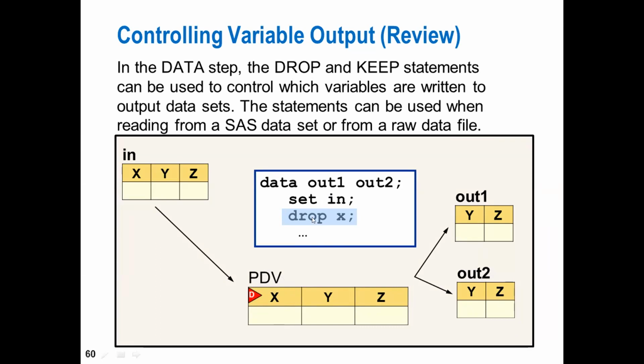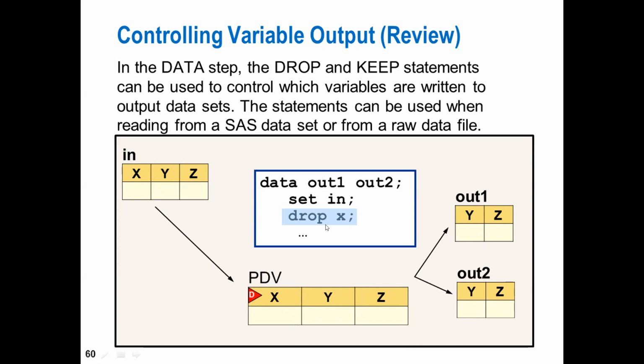Why? Because you have used drop for X. X will be marked as D, that is drop, on the PDV. So X is available for processing in the PDV by reading it from the in data, but it is dropped from being written out to your output data set.